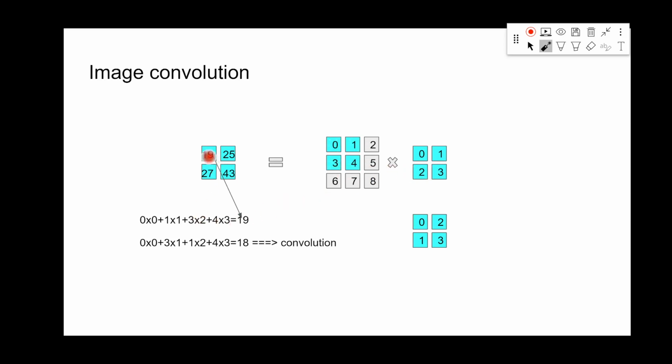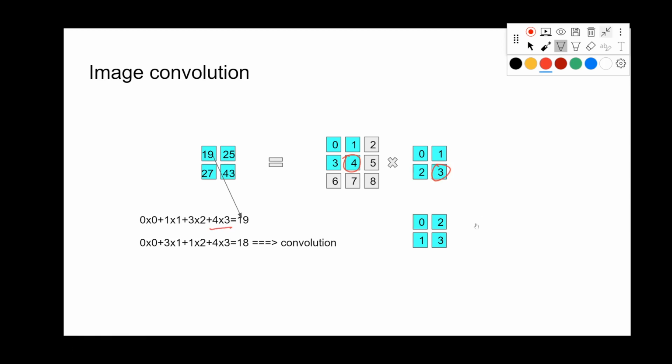For example, the first one, the 19, is equal to 0 multiplied by 0, the first term, and 1 multiplied by 1, the second term, and 3 multiplied by 2, the third term, and 4 multiplied by 3, the fourth term.